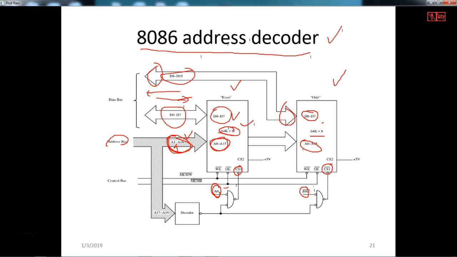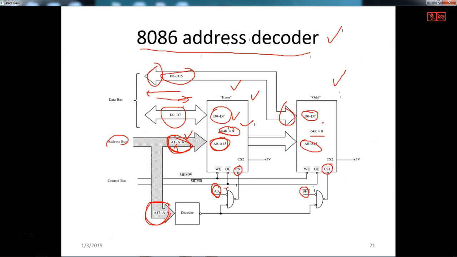And what happens to the rest of the pins? A17, A18 and A19, in combination with A0 and BHE. If you are doing a byte operation, then one bank can be selected, or for a word operation, both can be selected.